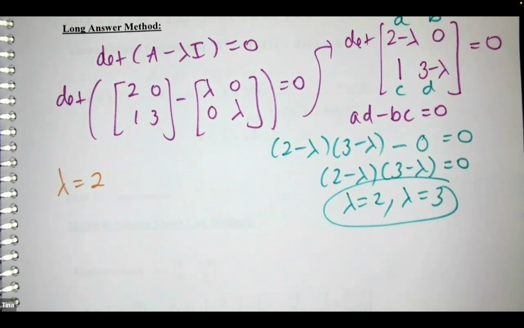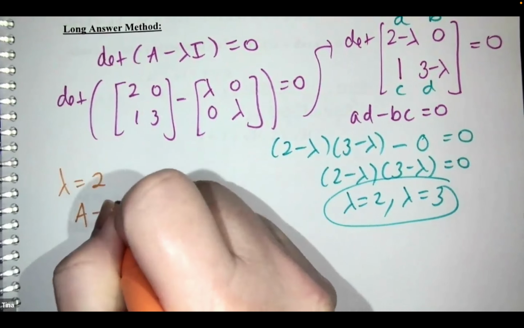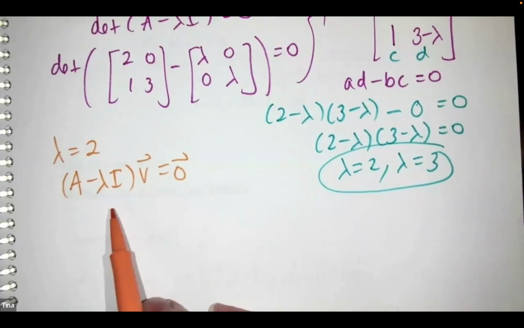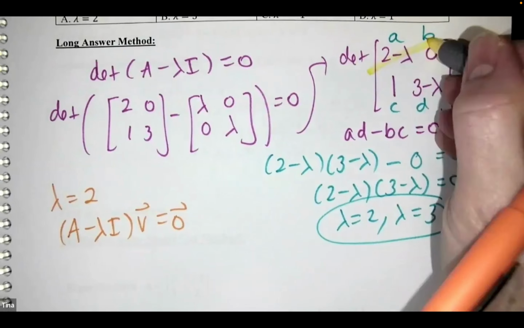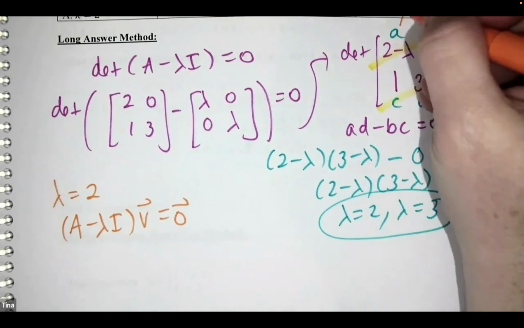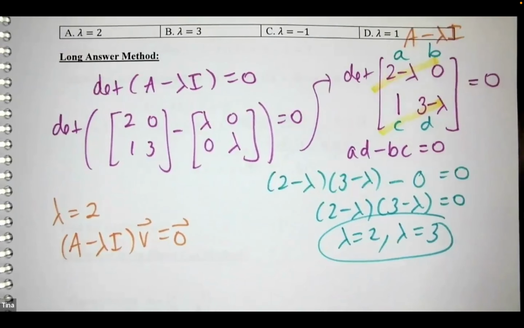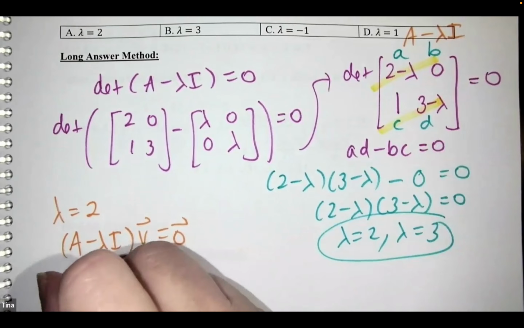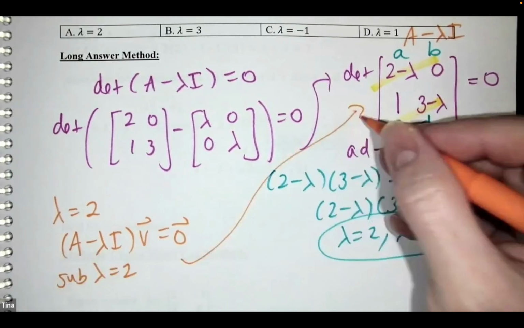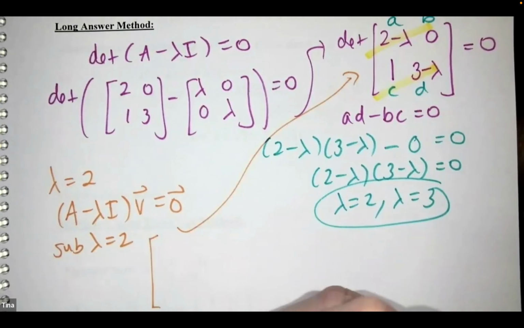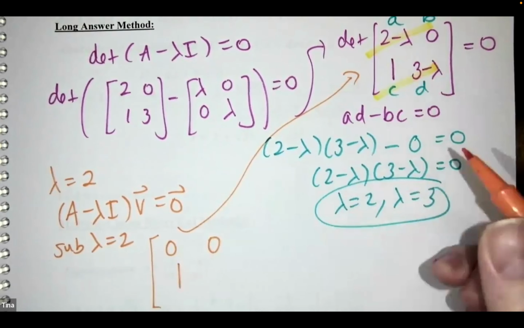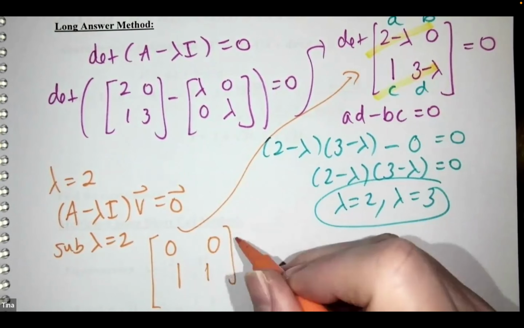Again, we can either do A minus lambda I times V equals 0 or AV equals lambda V. It's up to you. If we look at this matrix right here, that's A minus lambda I. If we put lambda is 2 in there, then we get 2 minus 2 is 0, 0, 1, and 3 minus 2 is 1.